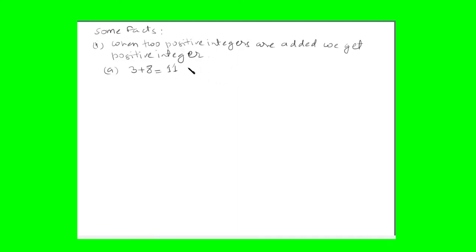Next is 1 plus 4 is 5. 1 is a positive integer, 4 is a positive integer, and we have added these two. We get 5, which is also a positive integer.